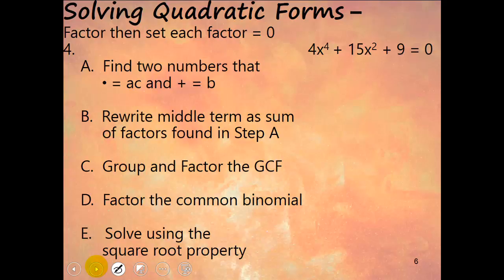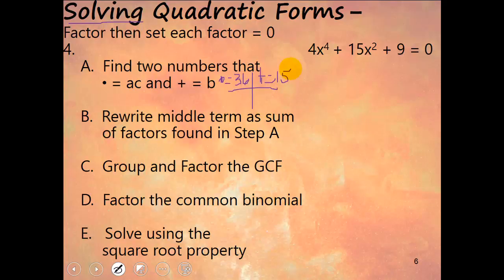Okay, so I have 4x to the fourth plus 15x squared plus 9 equals 0. So now I'm going to keep going once I'm done factoring because it's asking us to solve. Okay, so I'm looking for two numbers that multiply to equal, what, 36? And add to equal 15.